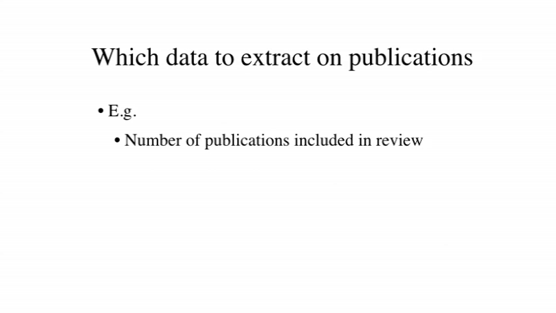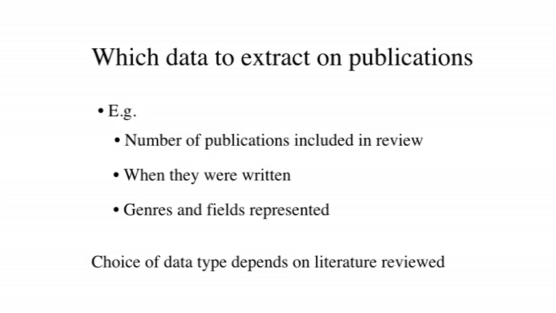A systematic review of reasons will also need to collect data on publications, just as a traditional systematic review of, say, medical literature collects data on the studies it includes. How many publications were included? When were they written? Which genres and fields are represented?